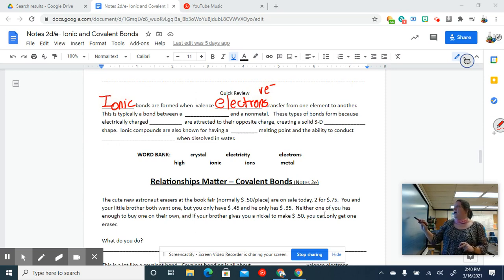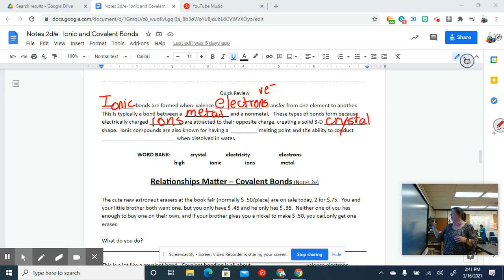This is typically a bond between a metal and a nonmetal. These types of bonds form because electrically charged ions are attracted to their opposite charge, creating a solid 3D crystal shape.